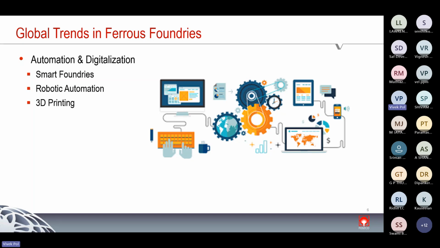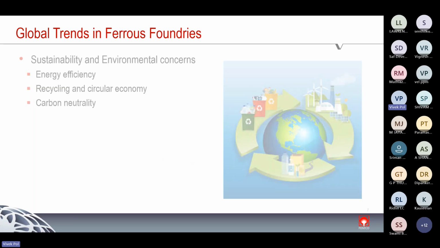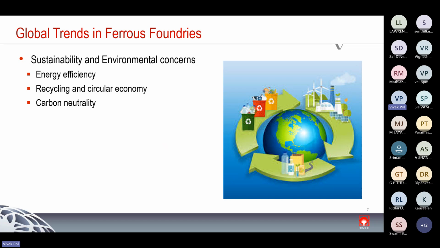Similarly, robotic automation and 3D printing are some of the global trends in automation and digitalization. In the same way, sustainability and environmental concerns, where energy efficiency, recycling, and carbon neutrality are some of the trends that we are seeing in the global marketplace.